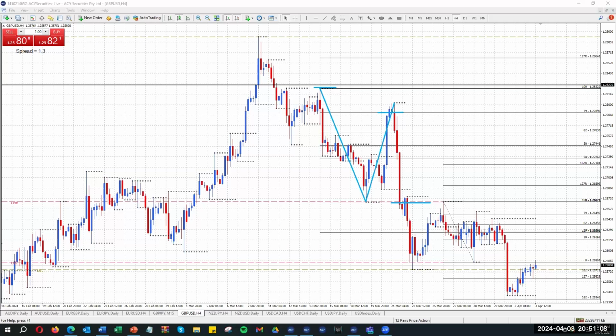All right, let me see if I can draw that in. My drawing tool doesn't let me do freeform, I don't think. All right, so 20. There we go.